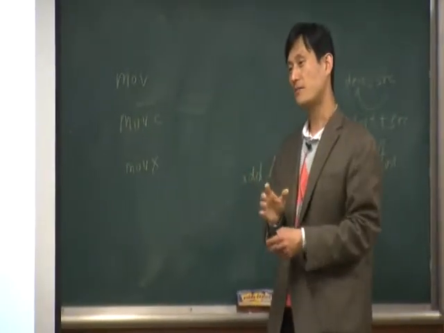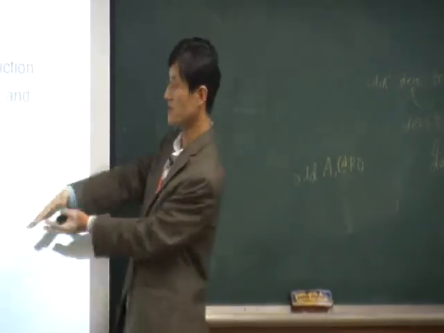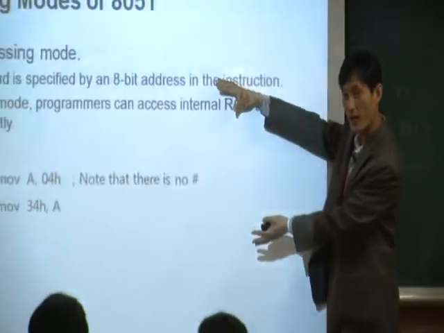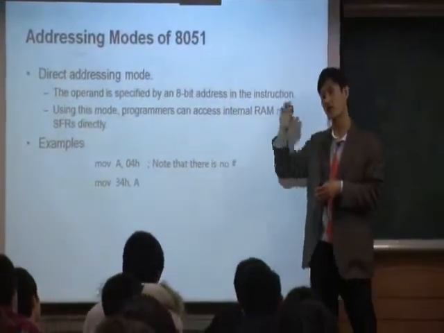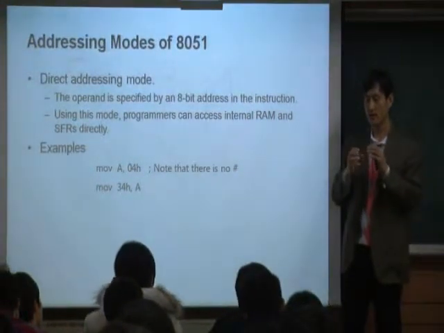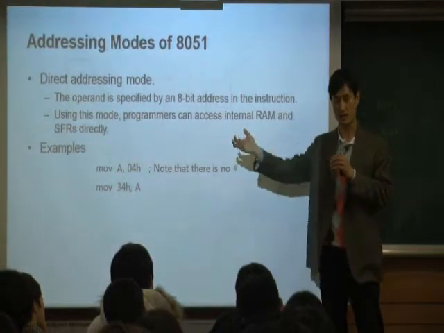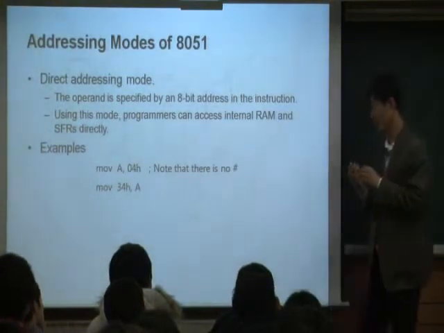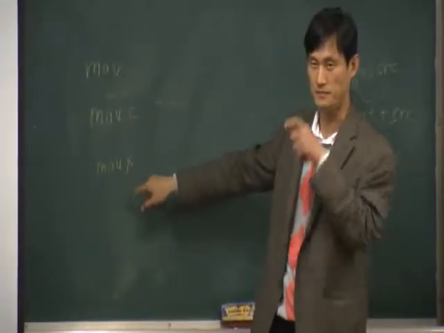Now, sometimes you want to access the external memory. Since you put the 64K external memory outside, sometimes you want to go there and read a value from external memory, or maybe you want to write some value into the external memory. In that case, you have to use this one.